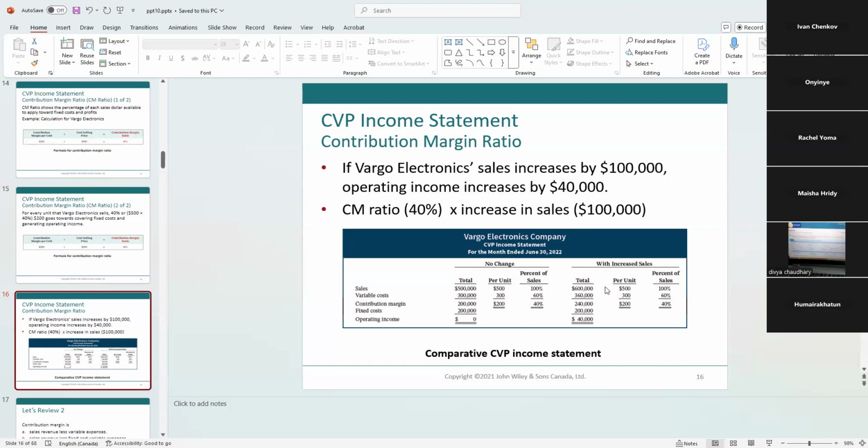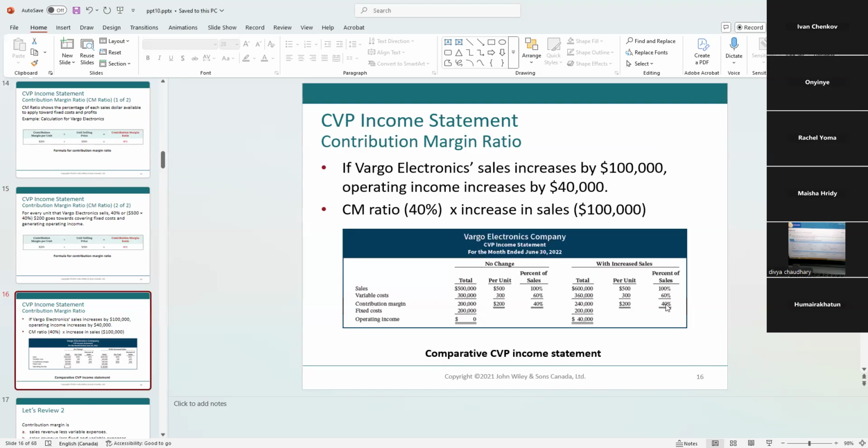Because we're not changing the sales price per unit. We're not changing the variable cost per unit. The contribution margin stays the same. So percentage-wise, they're always the same. Yes, they can increase in total, but they're increasing in the same pattern. And the only thing that drives the cost or sales is the number of units.